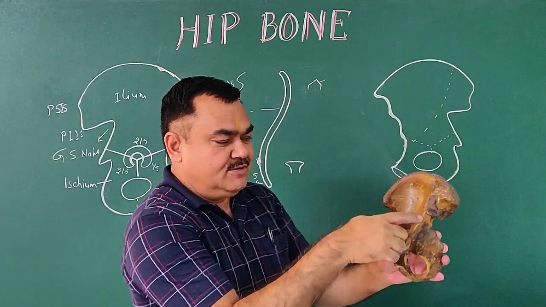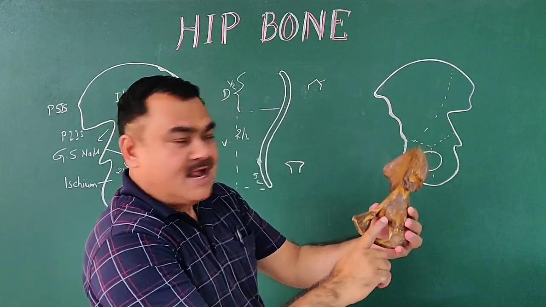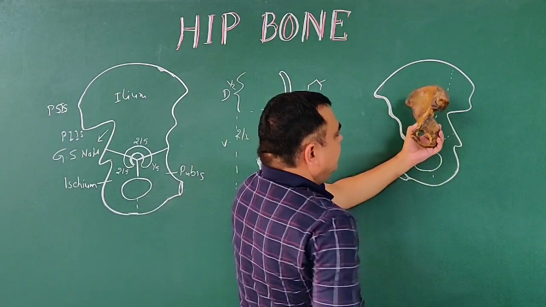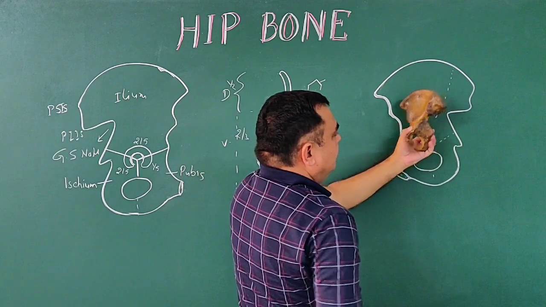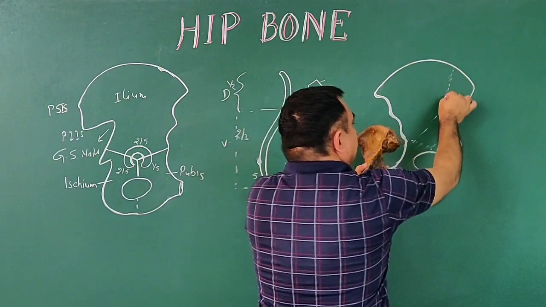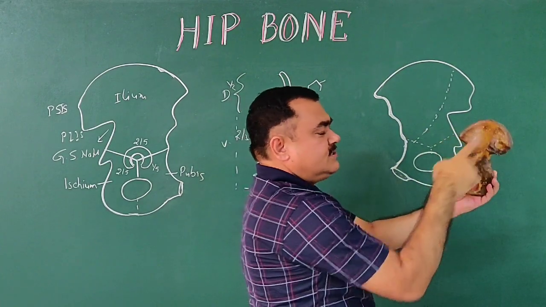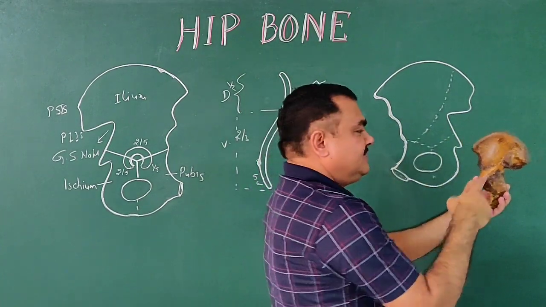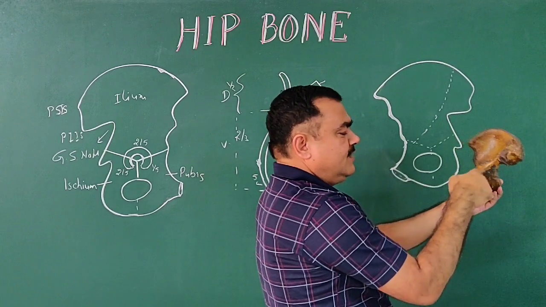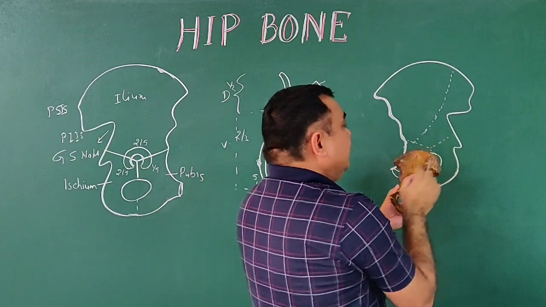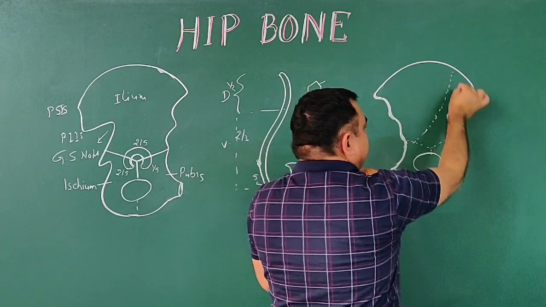From the inner aspect, you can see this is the medial border from the crest to the iliopubic eminence. So anterior, posterior, and medial border.